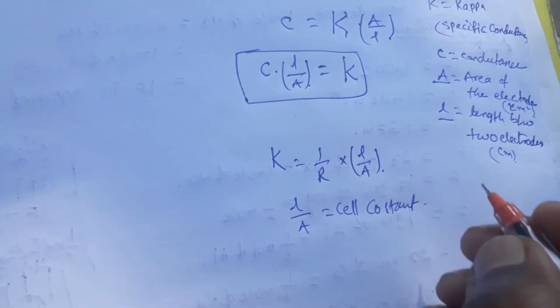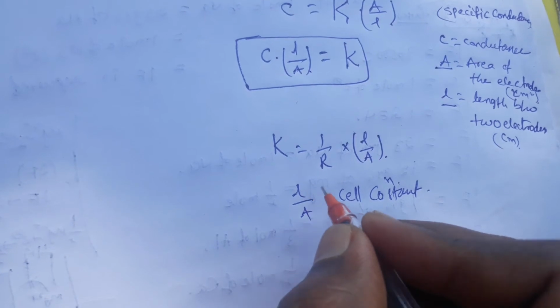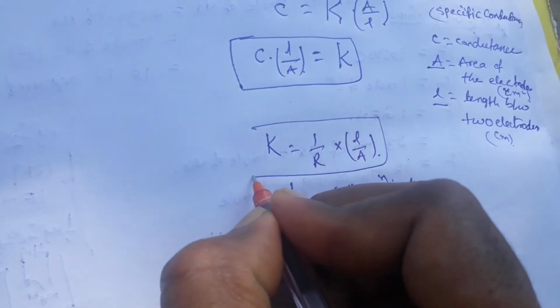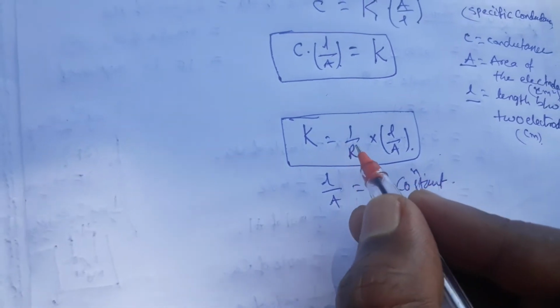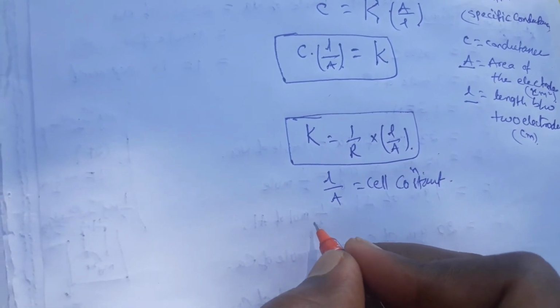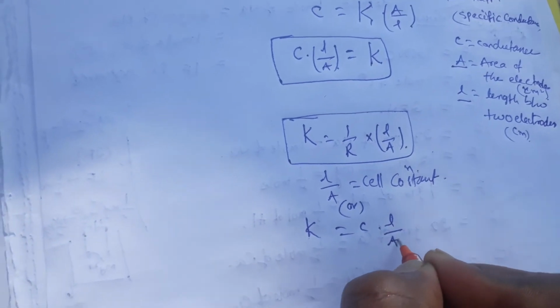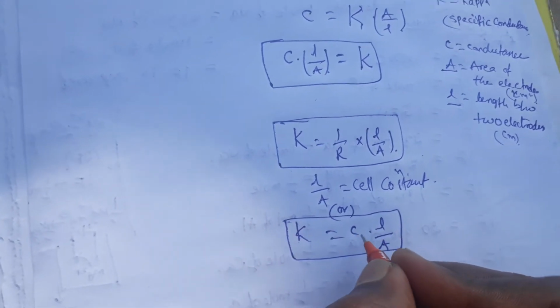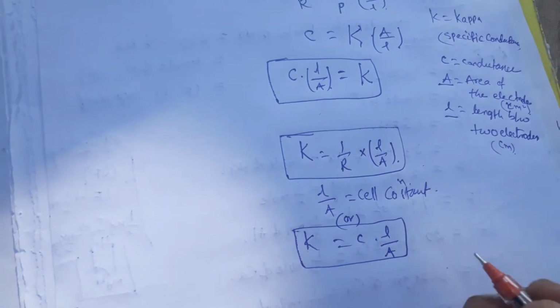If you are given some cell constant value, then from this equation we can find the specific conductance and resistance. So this is the relationship between the resistance, specific conductance, and L by A. Here C is not concentration, it is the conductance, so kappa is conductance into cell constant. Specific conductance plays a crucial role in electrochemistry.